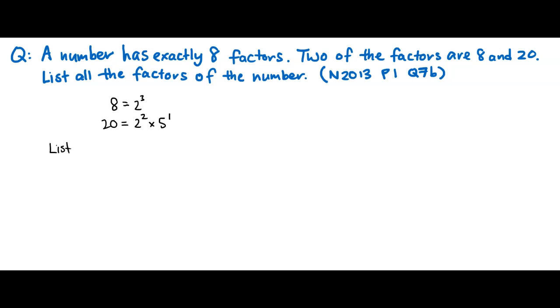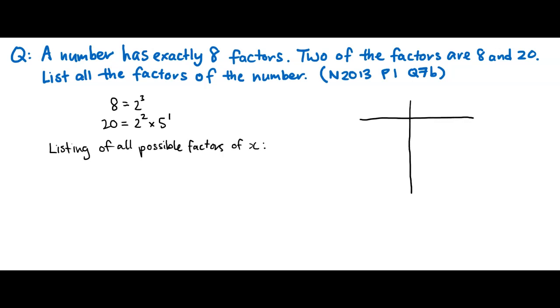So this is the listing of all possible factors of x. I'm going to draw a really simple table, and I'm going to call this the powers of 2.